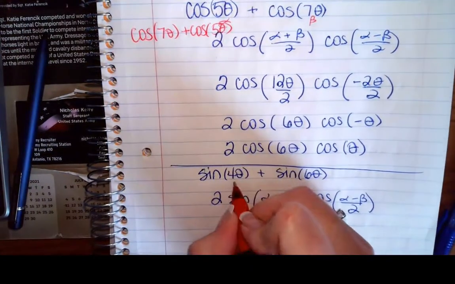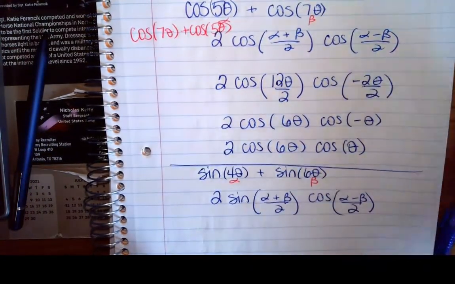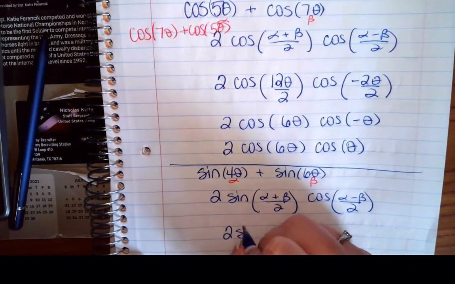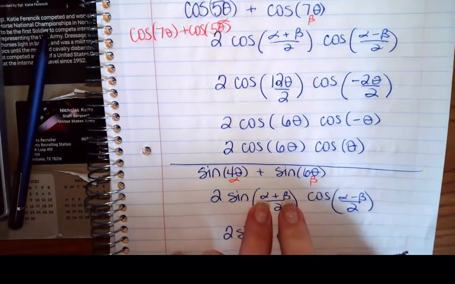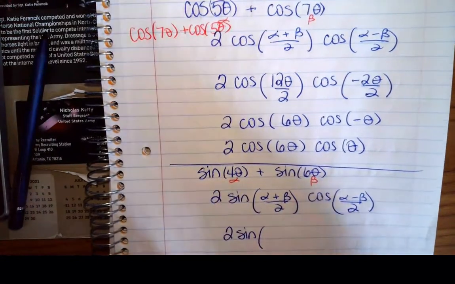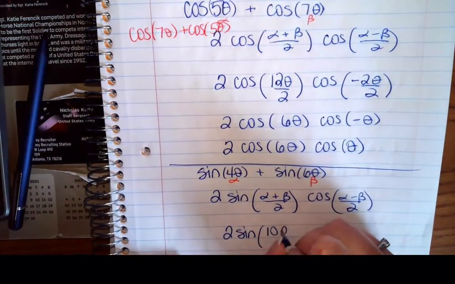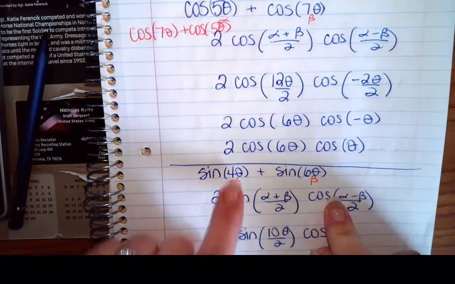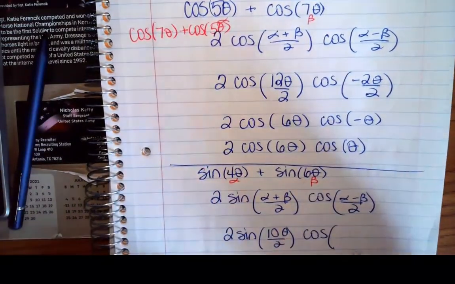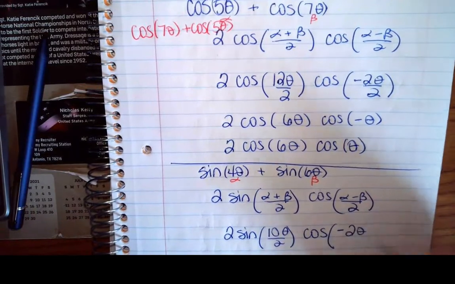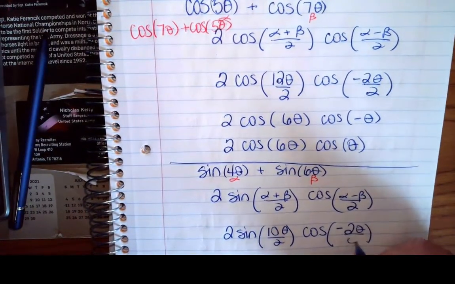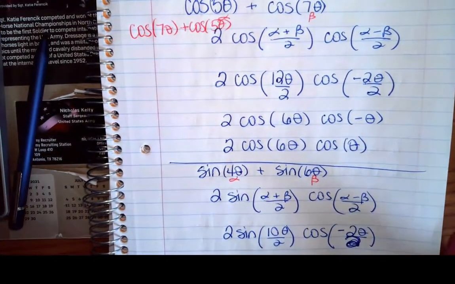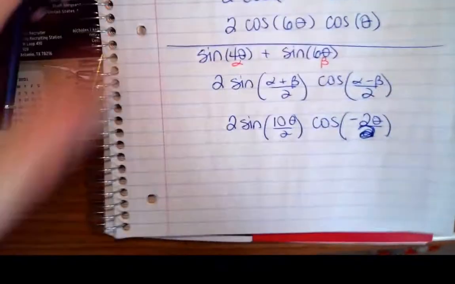So here's my alpha, here's my beta. So what I end up with is 2 times the sine of alpha plus beta, which is 4 thetas and 6 thetas, 10 thetas over 2, times the cosine of alpha minus beta. So that gives me a negative 2 theta over 2.